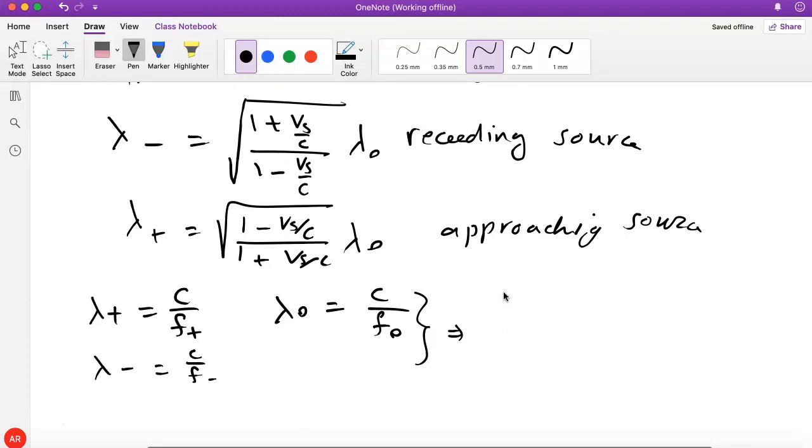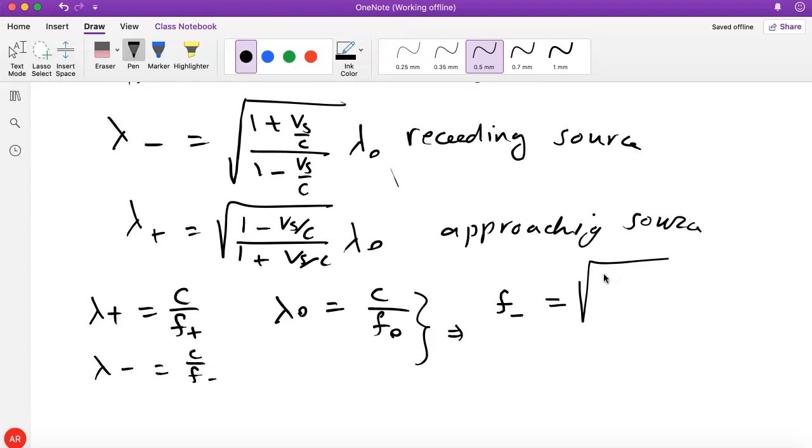So from these we find that 1 over F minus is that coefficient times 1 over F naught. Therefore, F minus is the inverse of this coefficient times F naught, right?